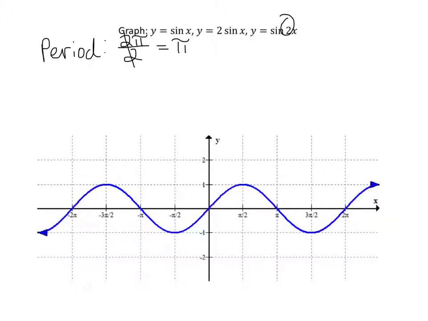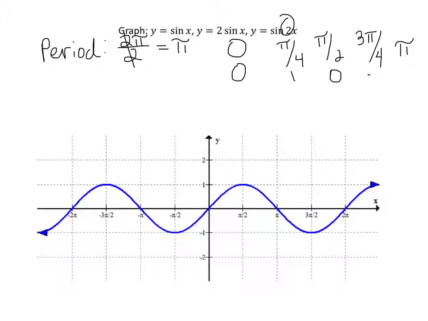I'm going to go through the same process I did before. I'm going to list out the beginning and end of my period, halfway between, a fourth of the way, and 3/4 of the way. The sine graph has the same pattern. 0, 1, 0, -1, 0. So I'm still showing x and y coordinates. But notice now, my maximum is occurring a little bit sooner.